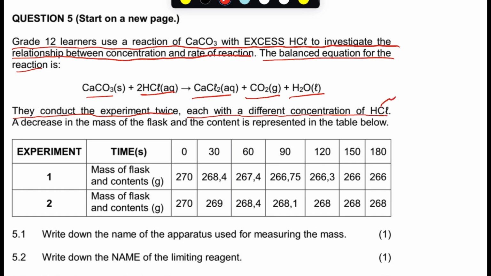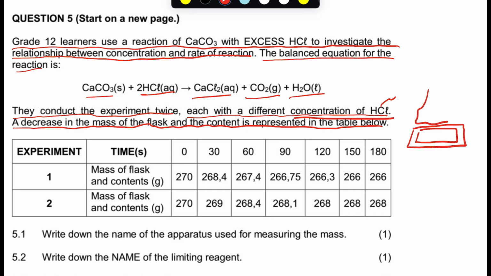So what is changed there? It's the concentration of hydrogen, very important. A decrease in mass in the flask and its content is represented in the table below. So guys, here we have what we call a mass meter, and then we're going to have a conical flask.